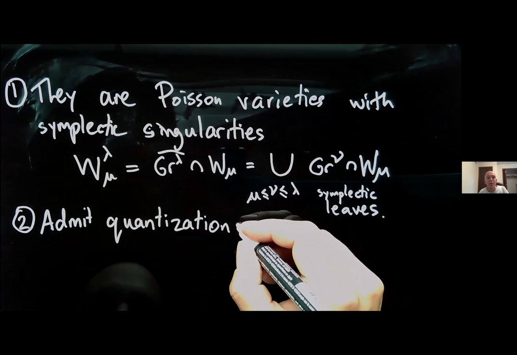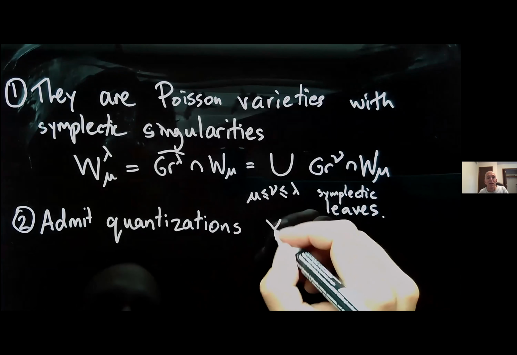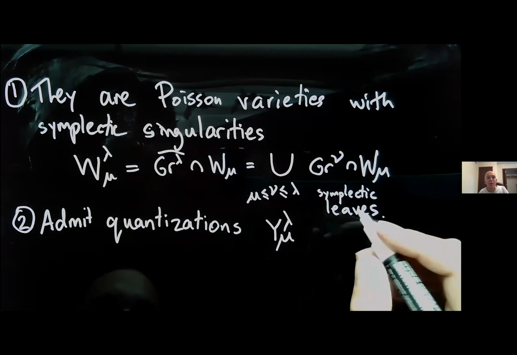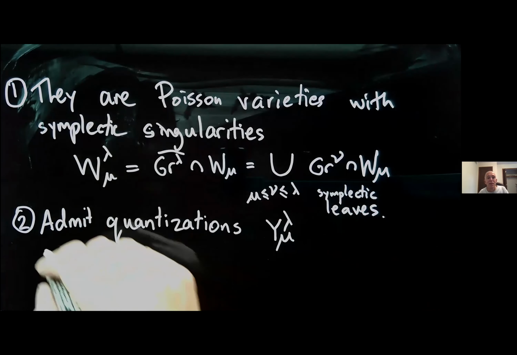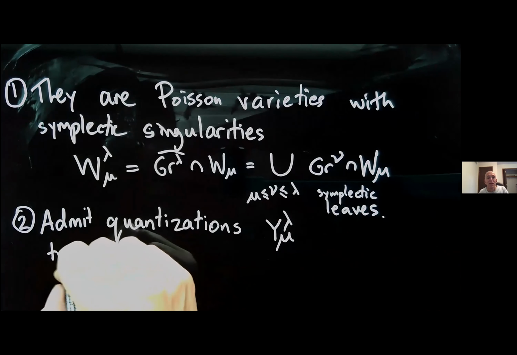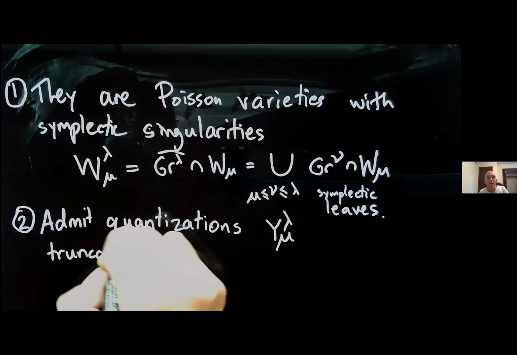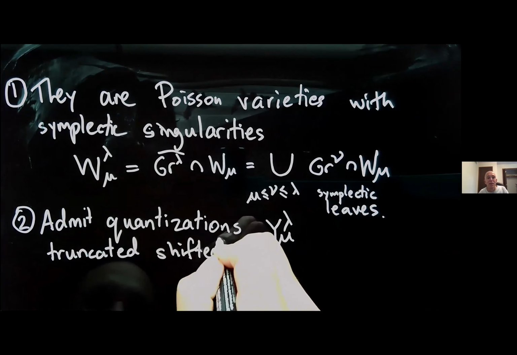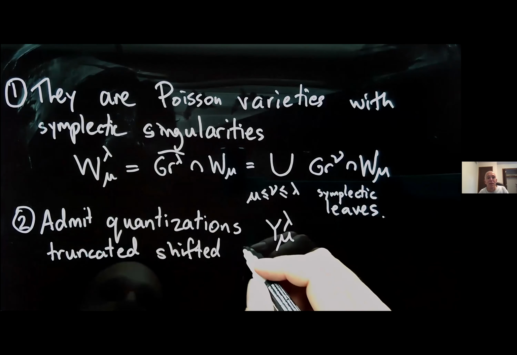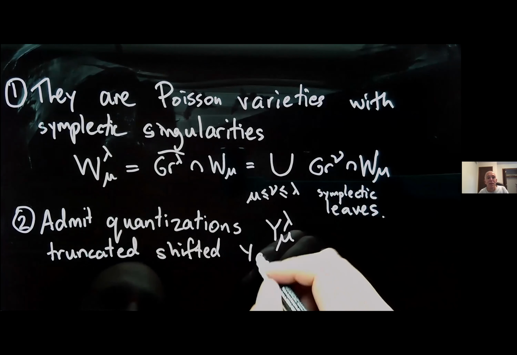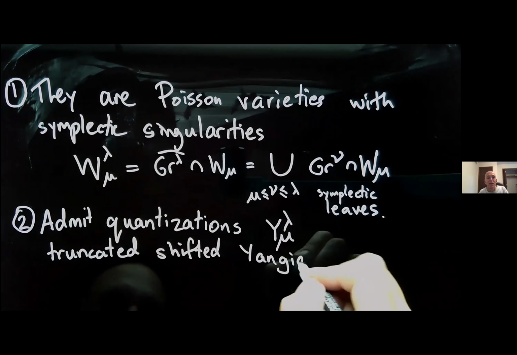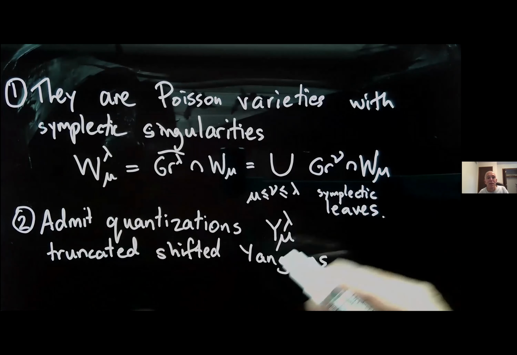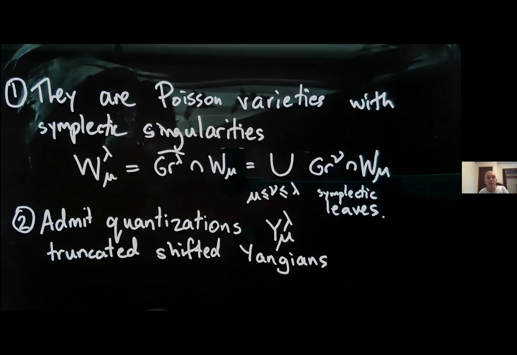They admit quantizations, Y lambda mu. They're called truncated shifted Yangians. And as the name implies, they're subquotients of the Yangian. So they have an explicit description by generators and relations.